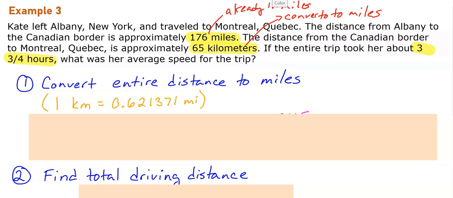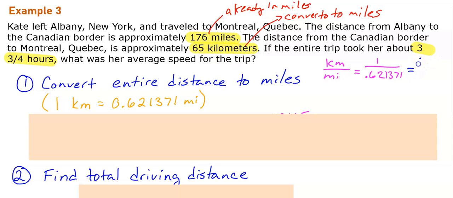So one thing you could do is set this up as a proportion where you put kilometers over miles. So you would set up the ratio 1 over 0.621371. And then we could take the 65 kilometers.